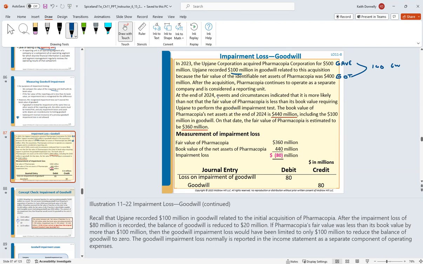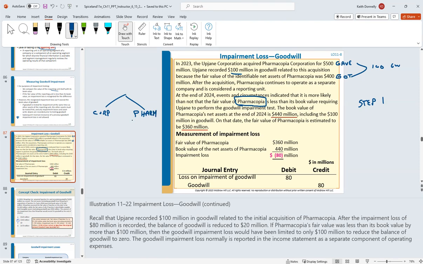And it says, at the end of 2024, it looks like they're testing it for impairment. And in this way, we know that it's a one-step process. So step 1, they're going to test this at the reporting unit. Essentially, they're separating here the corporation from the pharmacy unit.